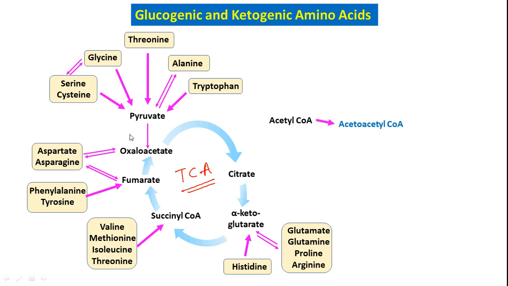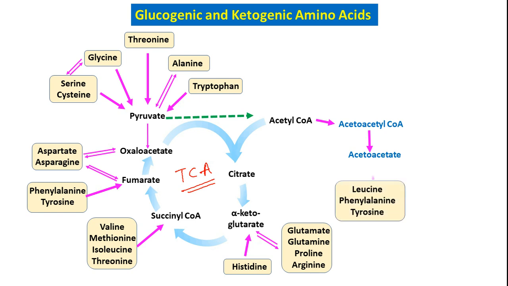Okay, further, acetyl coenzyme A can be obtained from pyruvate. If there are many acetyl coenzyme A molecules, they can be converted to ketone bodies. Okay, for ketone bodies, acetyl CoA reacts with itself to give us acetoacetyl CoA, which can be hydrolyzed to obtain acetoacetate. Acetyl coenzyme A can also enter into the tricarboxylate cycle.